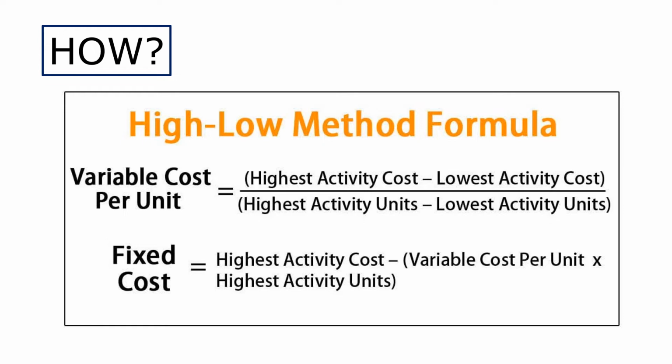So the highest activity cost minus the lowest activity cost, divided by the difference between the highest and the lowest units of output. This will give us the variable cost per unit.